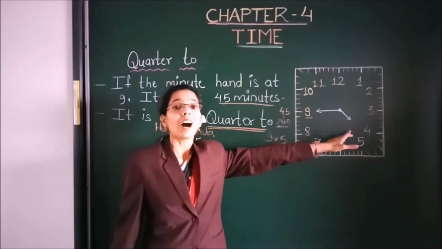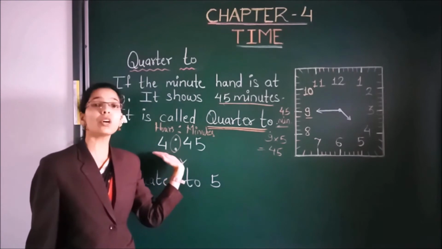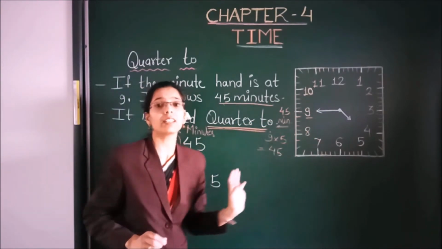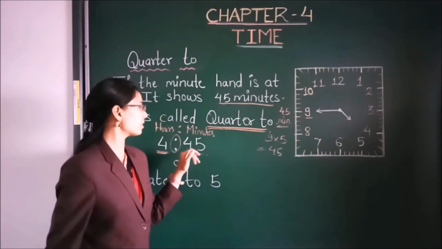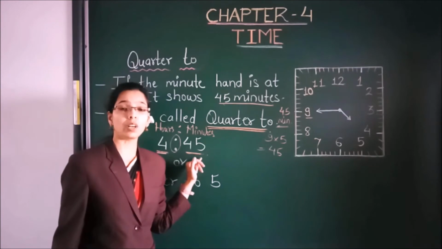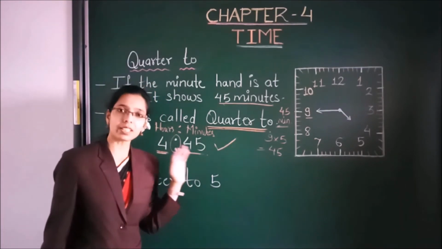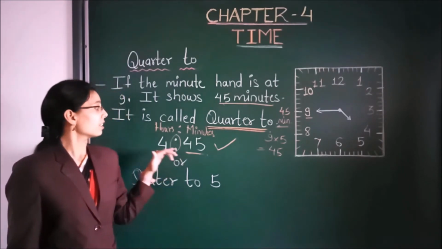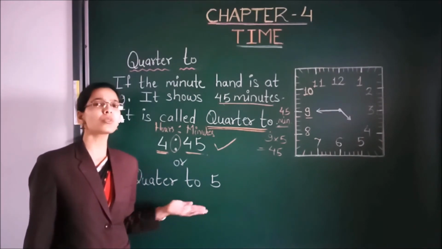The hour hand has crossed 4, that is why we have written here 4, and the minute hand is at 9, so there are 45 minutes. That is why we have written here 45. So our timing is 4:45. And what we have learned is quarter to. Why will we say quarter to 5?